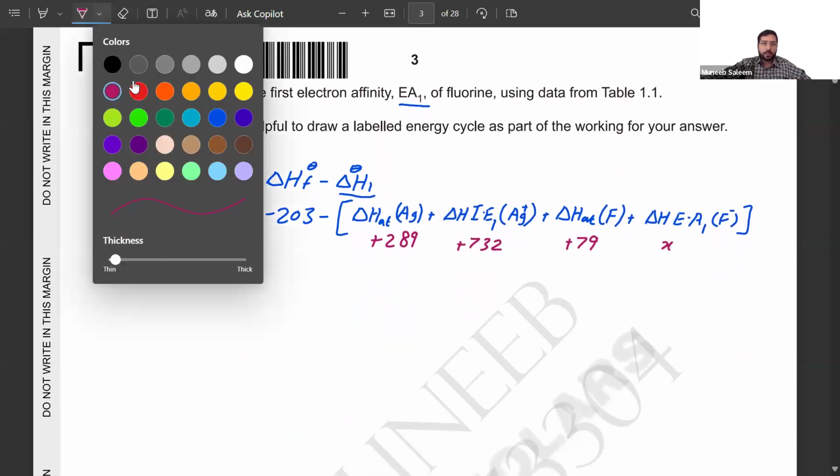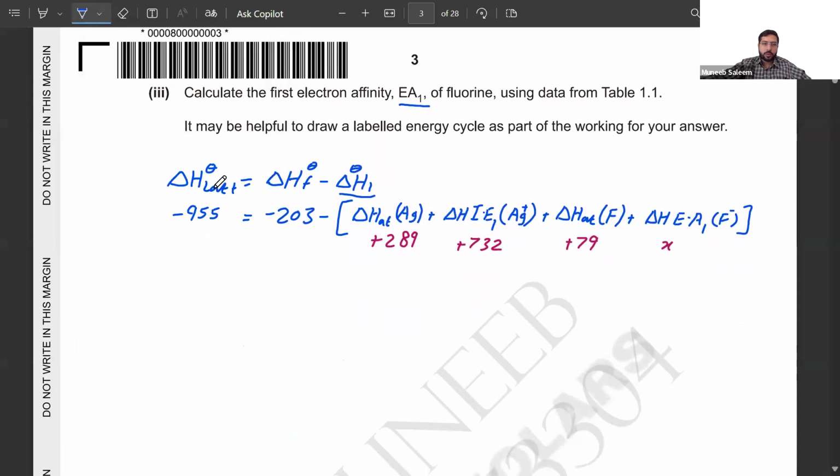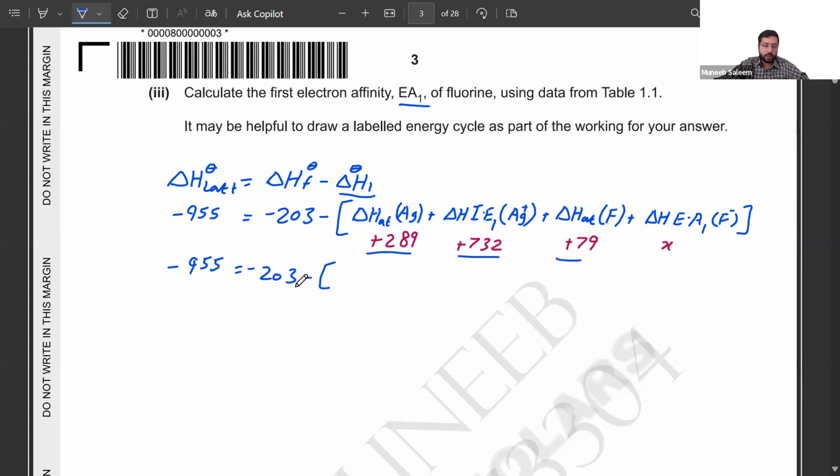Okay, now the next part is we have to do the calculation. So when you calculate it, minus 955 is equal to minus 203. Now you have to add all of these. When you add them, you will get plus 1100. That's the value you will get from here.